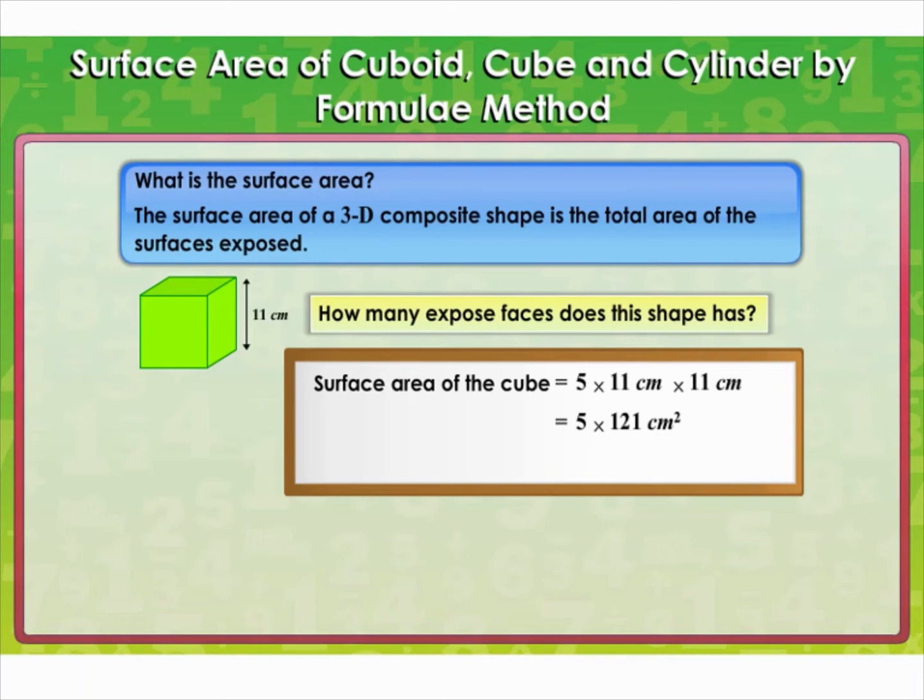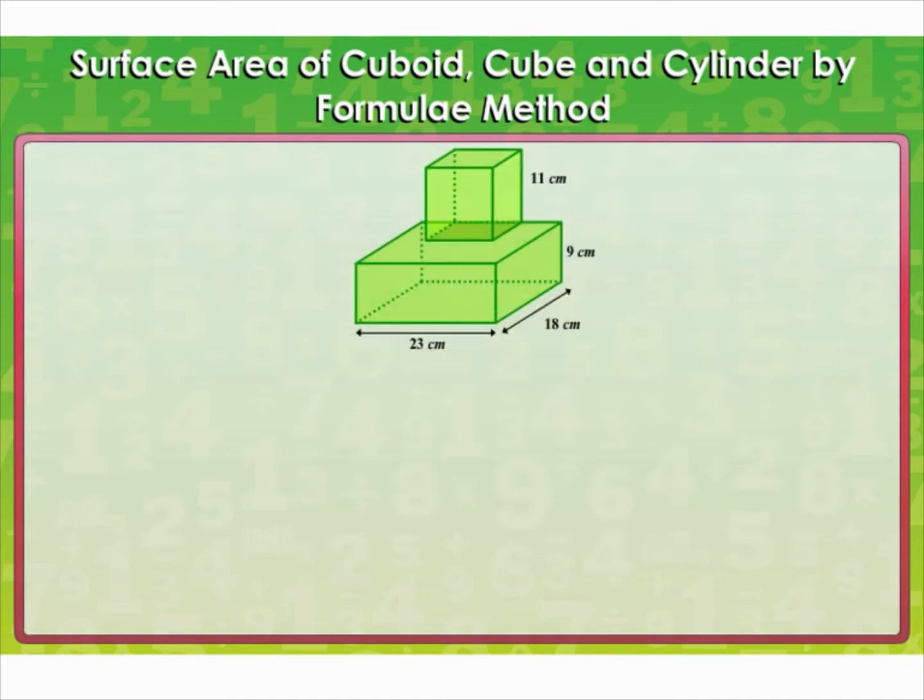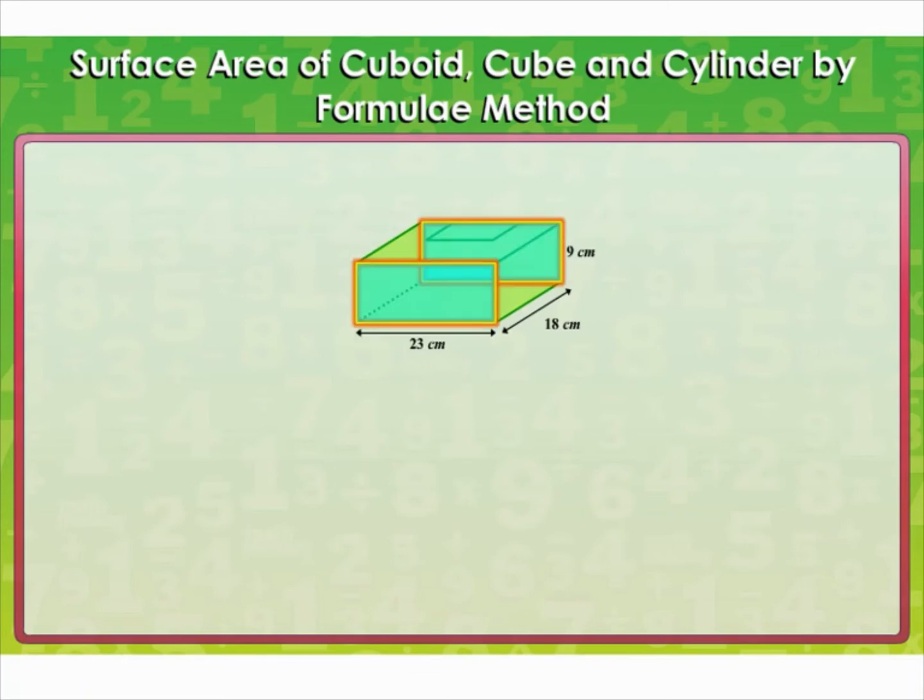The surface area of the cube is 605 square centimeters. Now let us find the surface area of the cuboid. What do you notice about the faces of a cuboid? Yes, the opposite faces have the same measurement. So, they are identical.